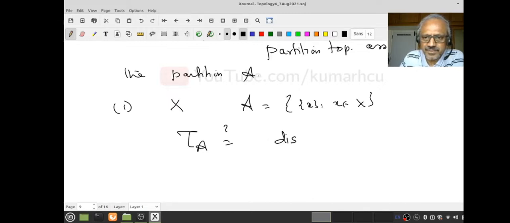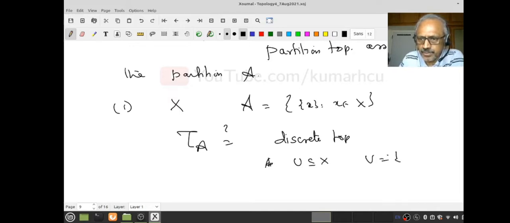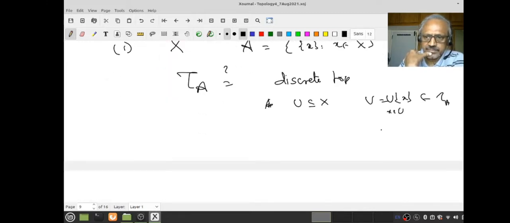It's the discrete topology. Because if I take any subset U of X, then it's open. Why? U is the union of singletons {x}, x varying over U, therefore this belongs to tau of A. Therefore every subset of X is in tau of A. That means tau of A is the power set, therefore it's the discrete topology.